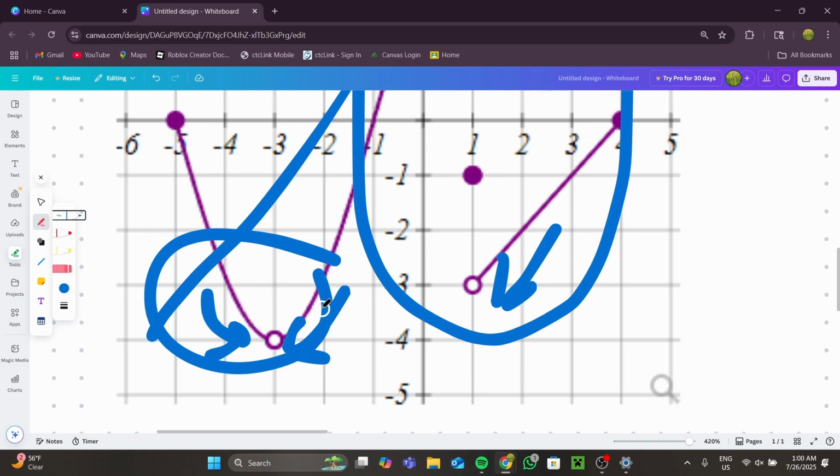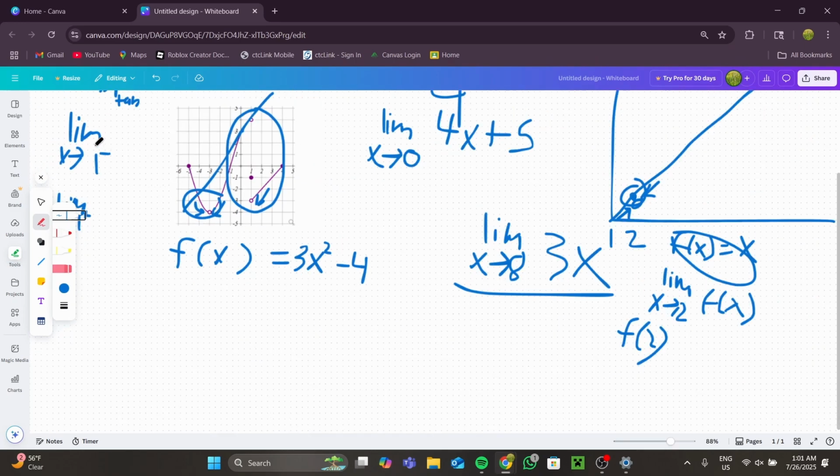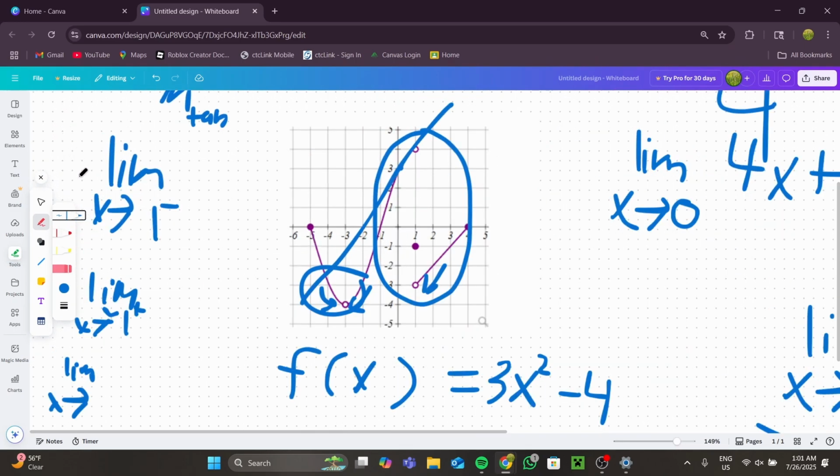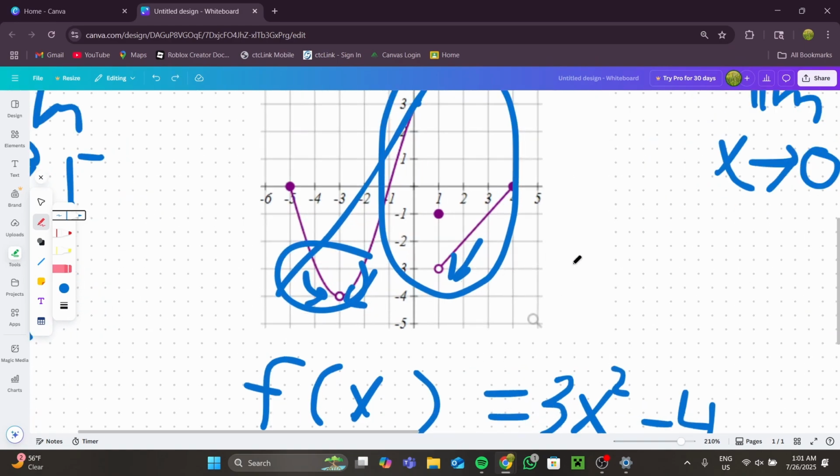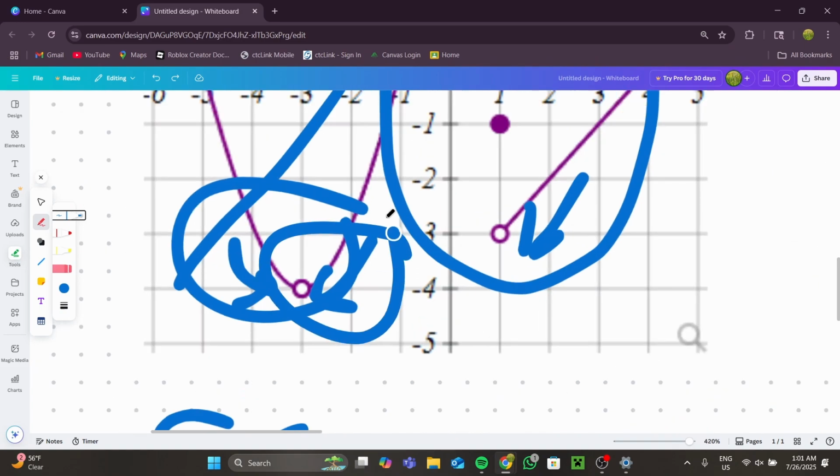For a limit to exist, it has to be approaching a singular point from the left and right. Now for notation, look here. Minus means coming from the minus area, from left to right, and plus would mean from right to left, from the positive side.